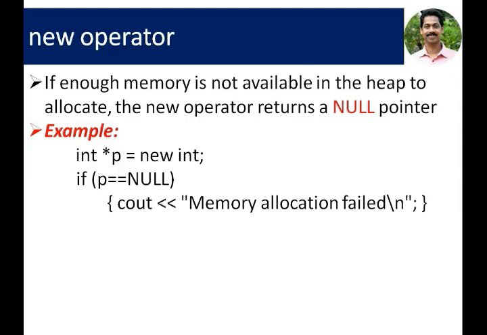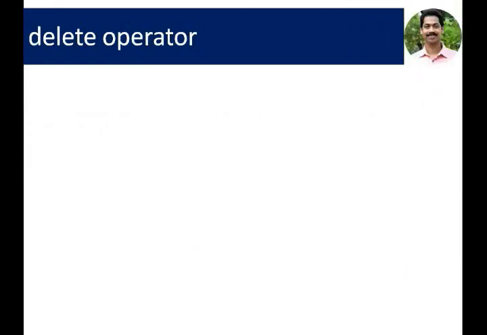We are allocating an integer data type and storing the address to p, a pointer variable, which is also an integer type. If p equal to null, memory allocation failed. That means if the value of p is equal to null, null represents not a valid memory address. Then print a message, memory allocation failed. It's a very simple example for validating the memory allocation.